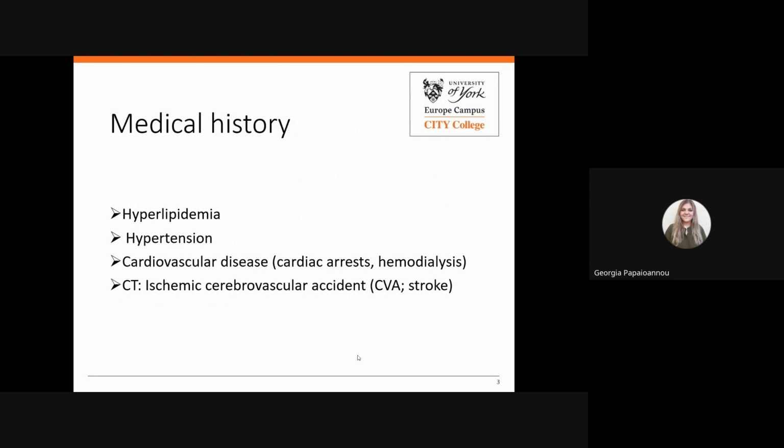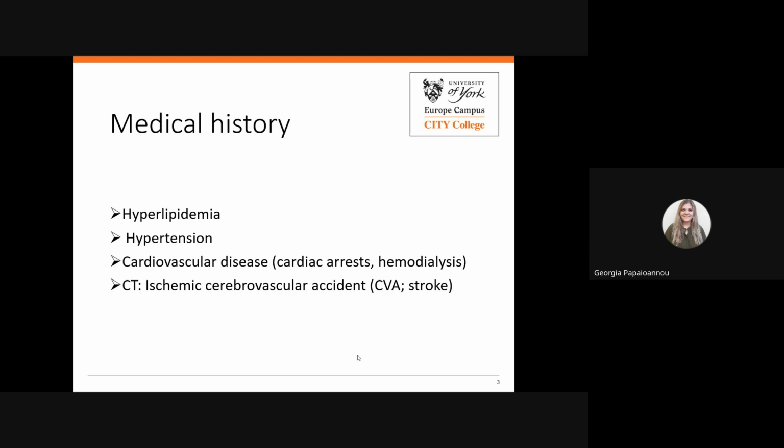The next day, when she had to undergo hemodialysis, she suffered another cardiac arrest. After those two procedures were finished, doctors did a CT and found out that she had an ischemic cerebrovascular accident, a stroke, at the moment she was having the heart surgery.